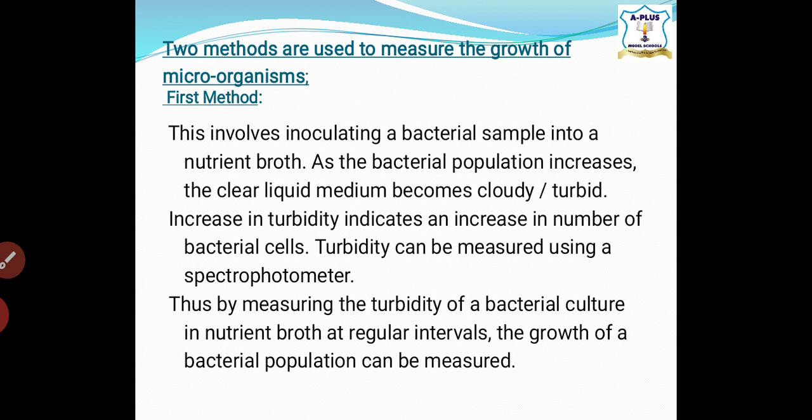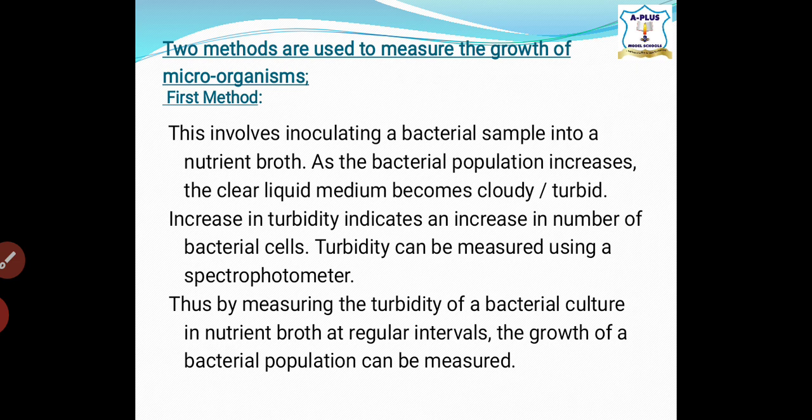Now let's talk about the methods used to measure the growth of microorganisms. The first method involves inoculating a bacterial sample into a nutrient broth. A nutrient broth is a kind of broth in which nutrients are stored. When you put the microorganism inside, as the bacterial population increases, the clear liquid medium becomes cloudy.